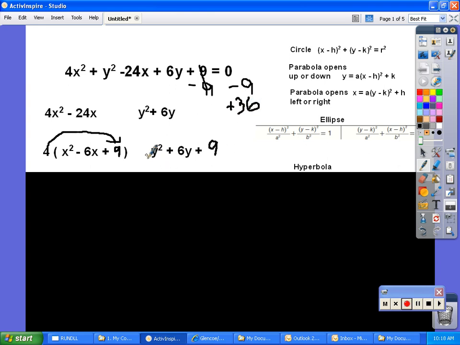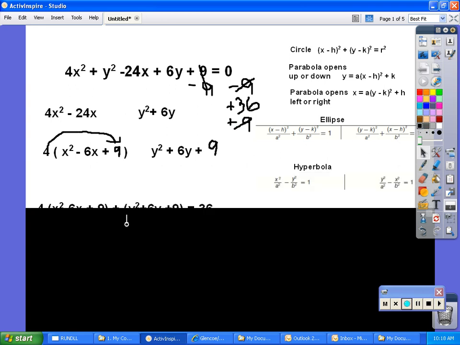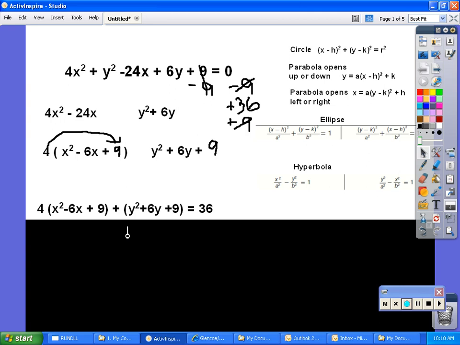Now here there was no common coefficient, so all I did was add 9. So I have negative 9 plus 36 plus 9, and a negative 9 and positive 9 cancel, leaving me with 36. So my equation now is 4 times x squared minus 6x plus 9 plus y squared plus 6y plus 9 equals 36.